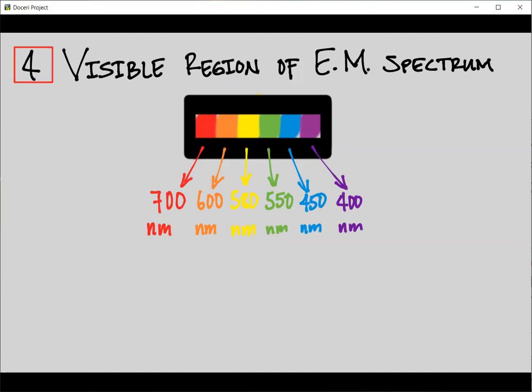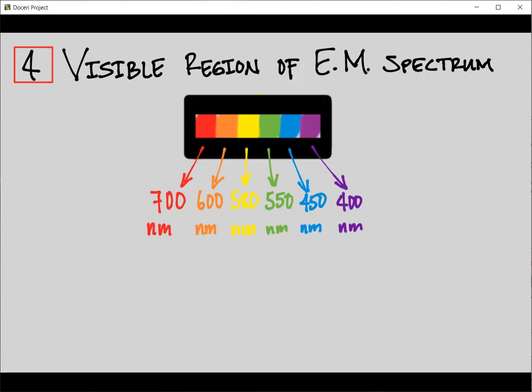All right, so by just knowing the wavelength of these colors, you can identify which color is greater in energy, which one has a higher energy. Blue and purple or violet are closer to the UV region of the spectrum.